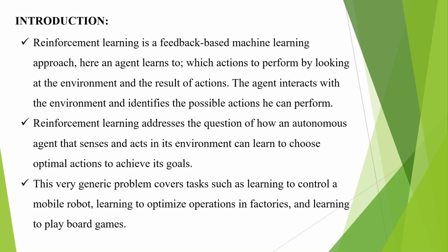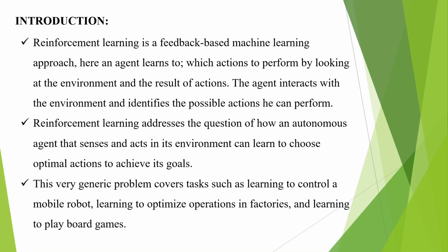And if it makes a mistake, it will record that action as a mistake, so as not to repeat it in the future, because a mistake-bound task should be avoided, isn't it? So the robot will record that particular action in such a way as not to repeat it in the future. A mobile robot is a best example for reinforcement learning.